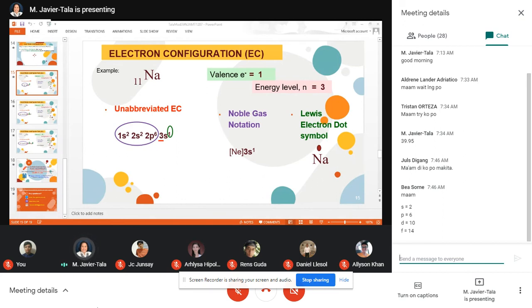So it will be 1s2, 2s2, 2p6, 3s1. If you look, all the exponents in each of the subshells are already your number of electrons. And if you add 2 plus 2 plus 6 plus 1, it will be equivalent to 11. So this number of electrons is equivalent to your atomic number for sodium.